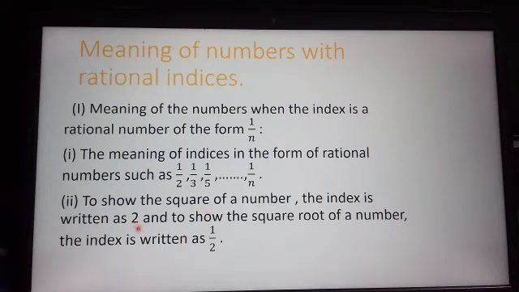When we write the square of any number, for example a square, the power is 2, that is, the index is 2. And to show the square root of a number, the index is written as 1 upon 2. If we are showing square root, the power will be 1 upon 2.